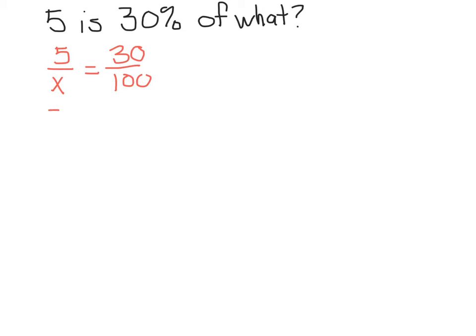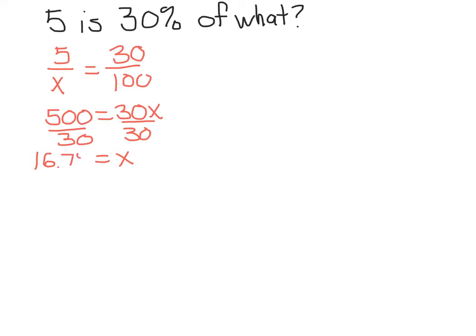So if I cross multiply, I'm going to get 500 equals 30x. I'm going to divide both sides by 30. If I do that, I'm going to end up with about 16.7%. Don't round it to a whole number, take it to a decimal.